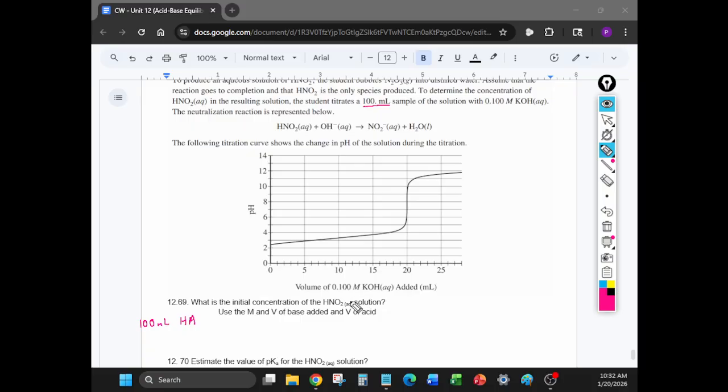Then we're going to figure out how much base we added in order to neutralize it. If you take a look at the graph, you'll see that equivalence point is at 20 milliliters, which means that we added 20 milliliters of base.